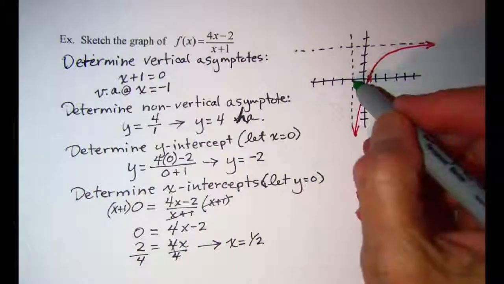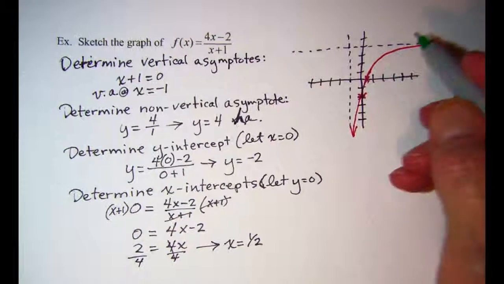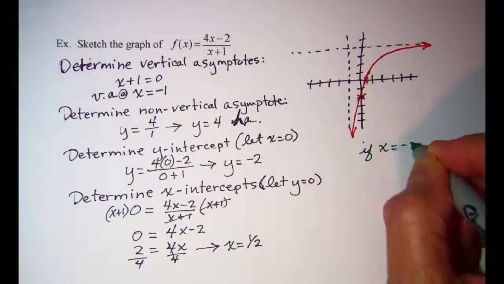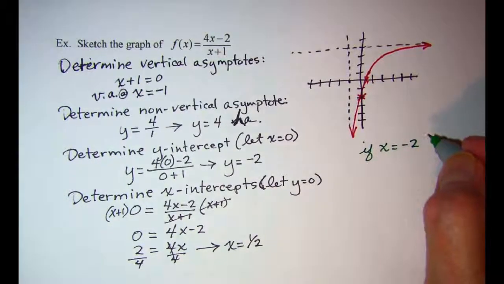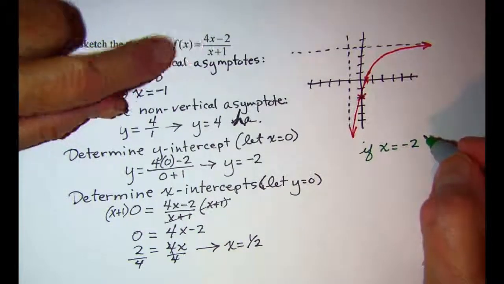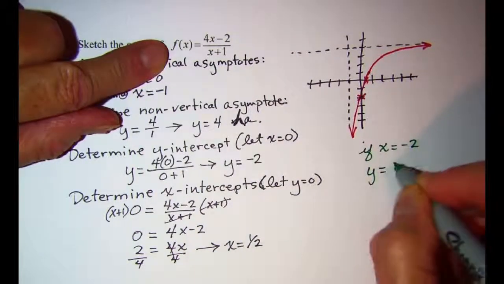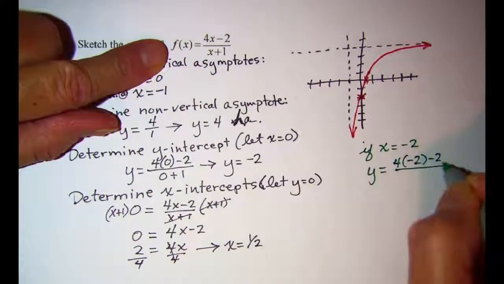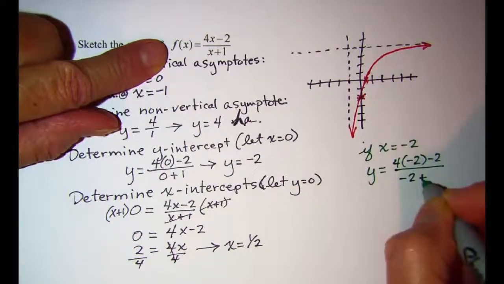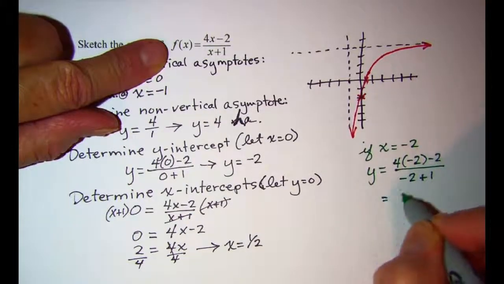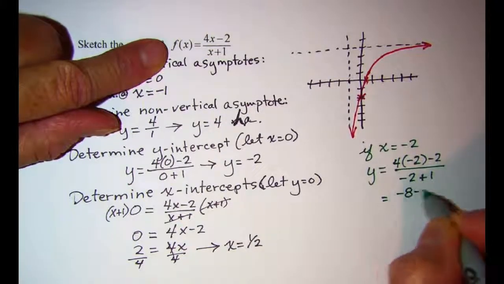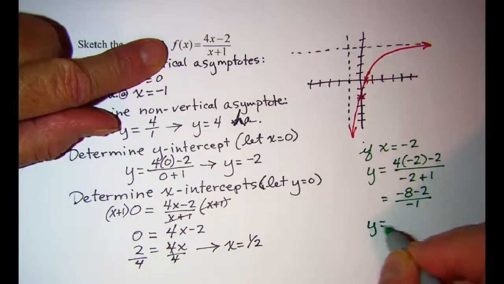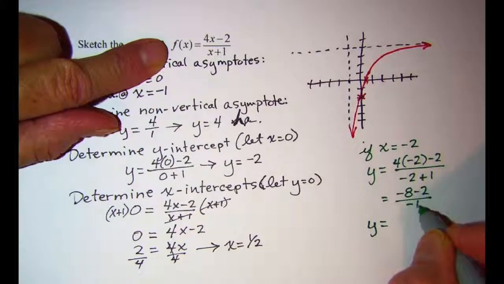If we let x be -2, we can put that into our equation. y equals 4 times -2 minus 2 over -2 plus 1. See that, -8 minus 2 over -1. So y equals -10 over -1.